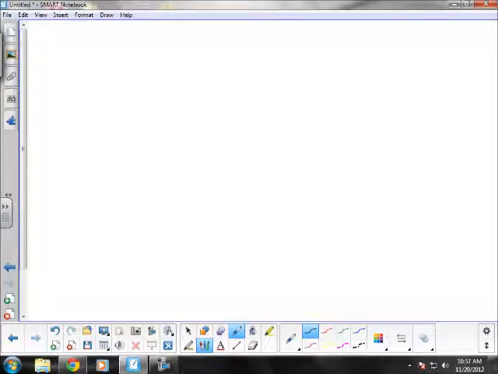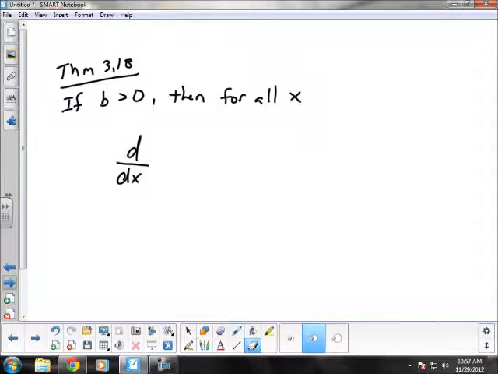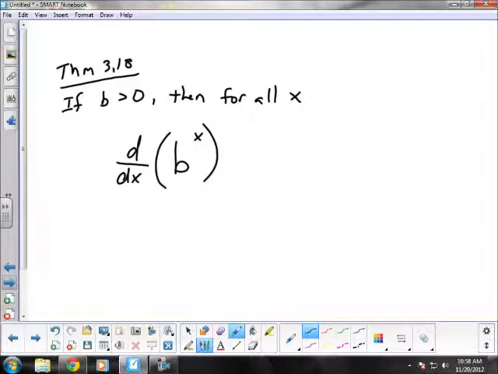Go through the proof for it. But Theorem 3.18 tells me that as long as b is greater than 0, then for all x's, if you're taking the derivative of a positive number raised to a variable, then the pattern for that is the number itself, just written down again just like it is, times the ln of the number being raised to the variable.